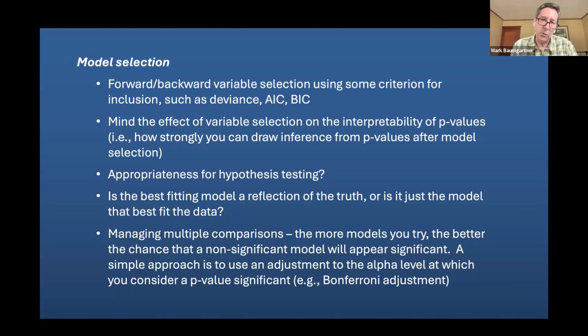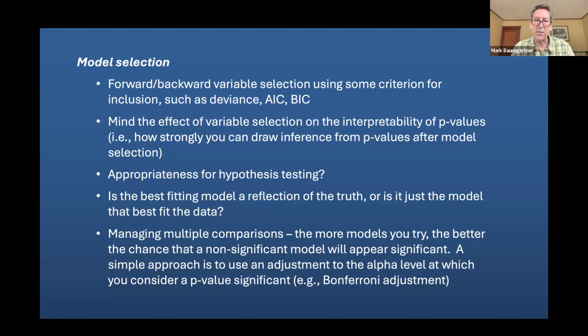If you interpret those p-values as if you had just run one model and chosen those variables a priori, you wouldn't have gotten those same p-values. So you have to be really careful. Model selection is sometimes not a good technique for hypothesis testing. It's great for exploration and prediction, but not so much for hypothesis testing.